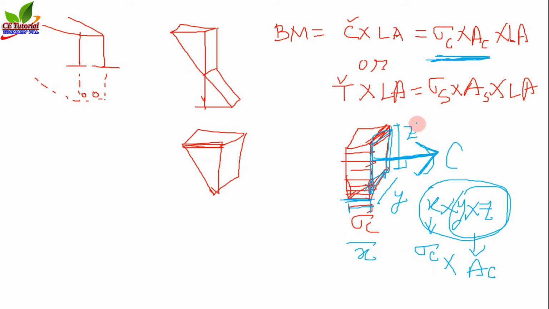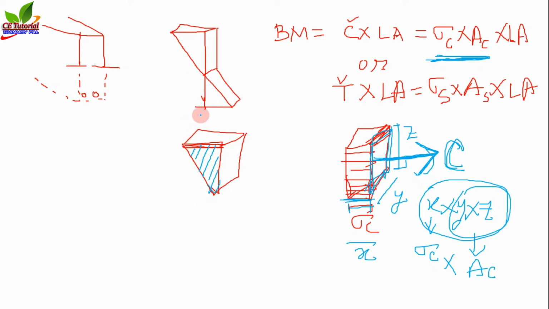So this is not a problem for calculating the actual C, but the problem is that we have a triangular three-dimensional stress. So how can you calculate the volume of this block? You can just calculate the area of this triangle. How?